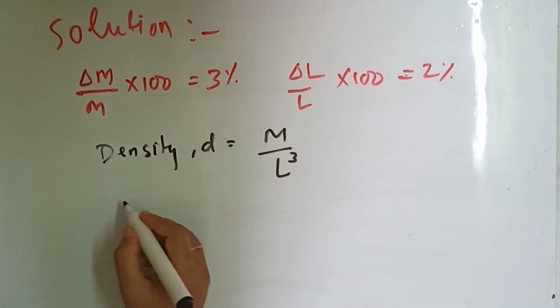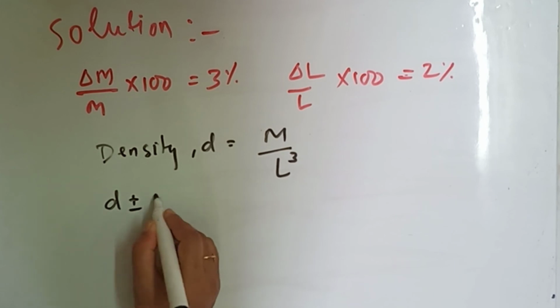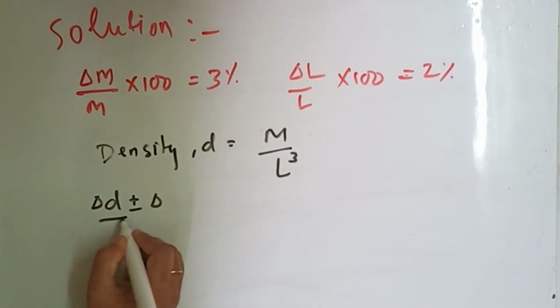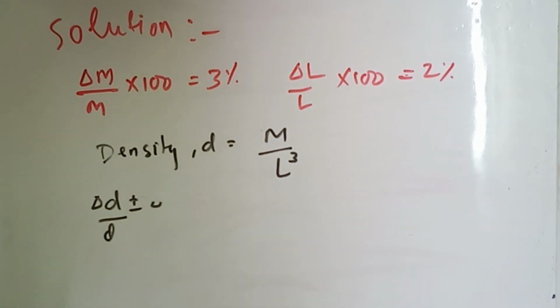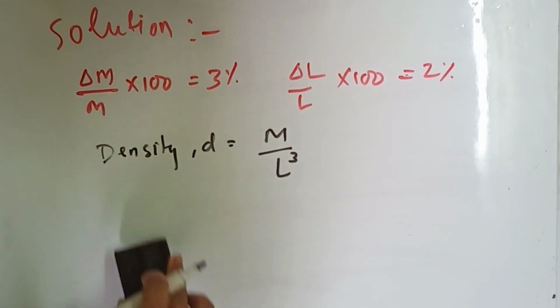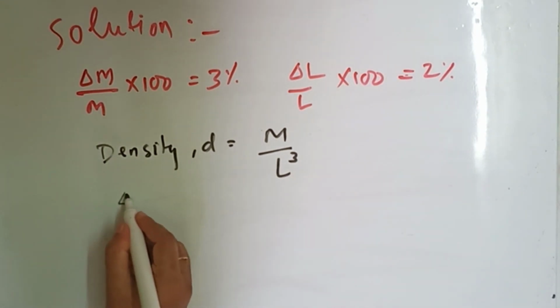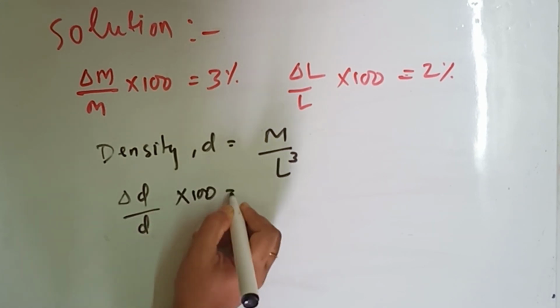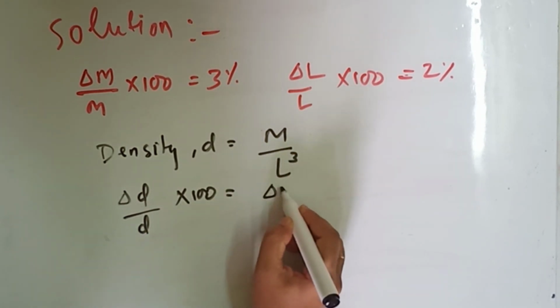Volume I will write as cube of length. So what will be the error in density? We'll find out the percentage error directly in density, delta D by D into 100. Because we have a formula directly for finding out the relative error or percentage error, we'll use that.